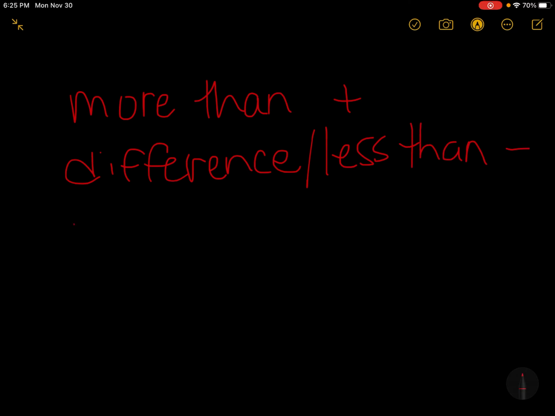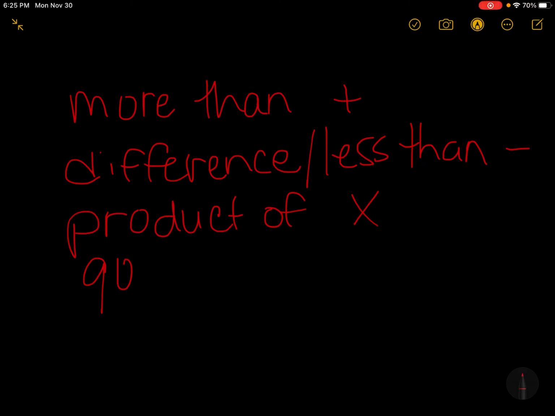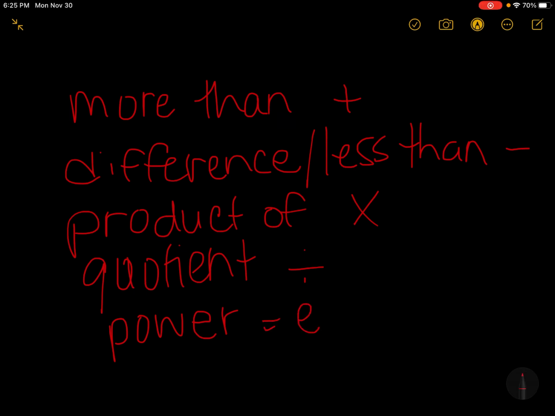translates into subtraction. Product of translates into multiplication. Quotient translates into division. And then sometimes we are given directions to do something to a specific power, and that is an exponent.